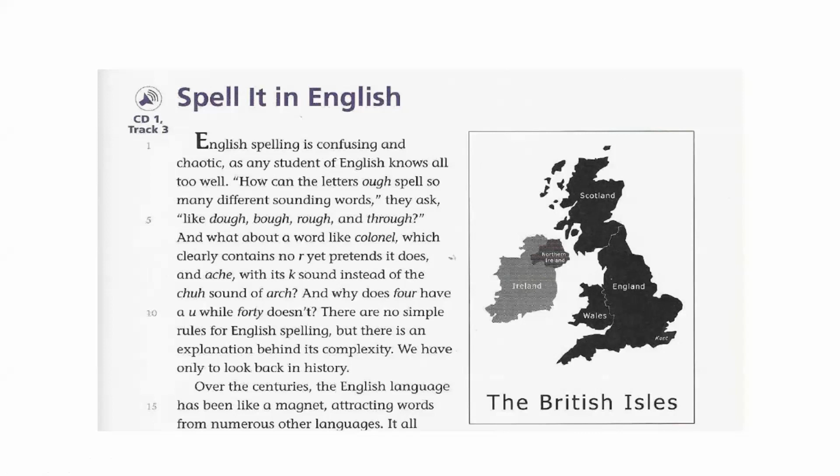Spell it in English. English spelling is confusing and chaotic, and that comes from the word chaos, which means there's no rules. Again, when we have a chaotic society, people are burning things, looting things, attacking people, it's chaotic. And English language is considered chaotic.